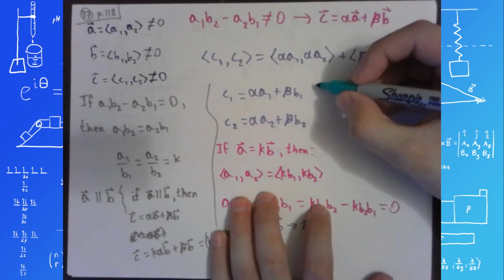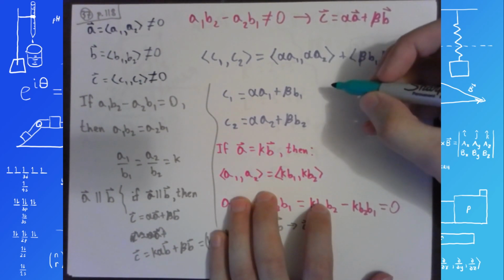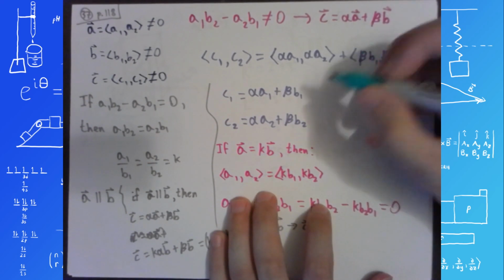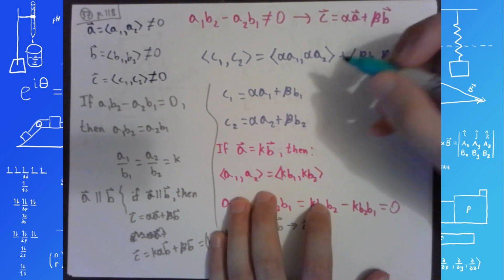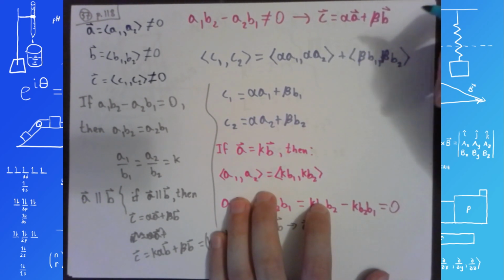So for example, I could do, instead of Greek letters, I'll just use, how about S, T, U, and V for my coefficients.